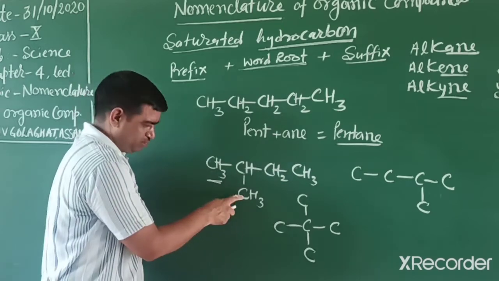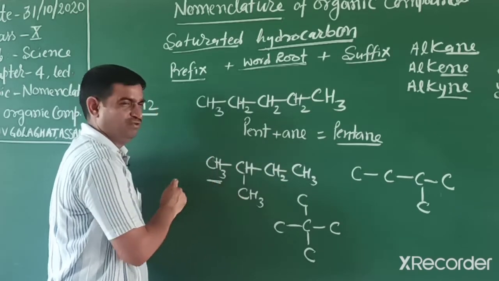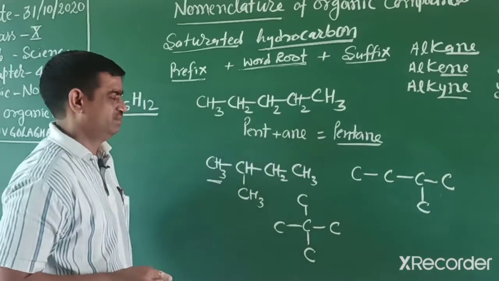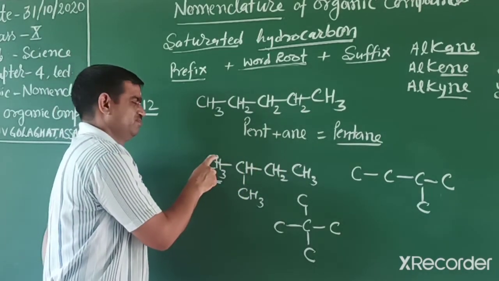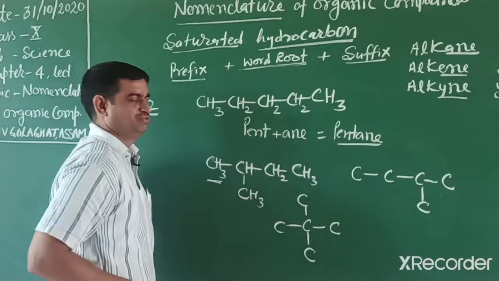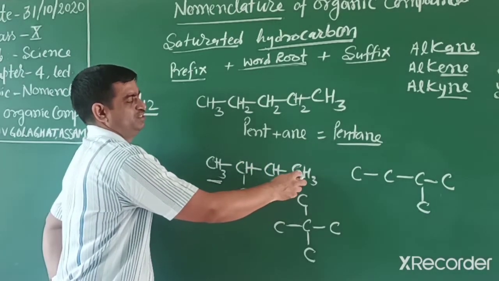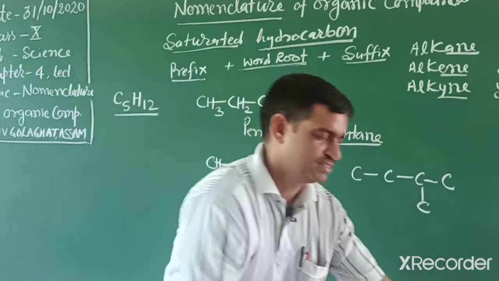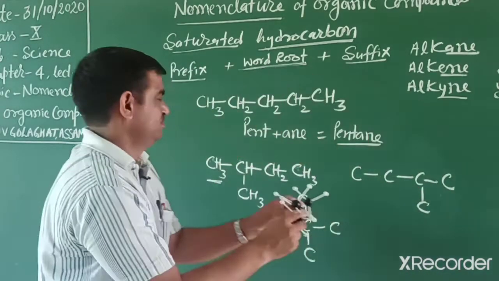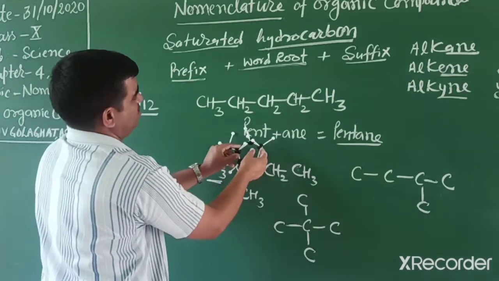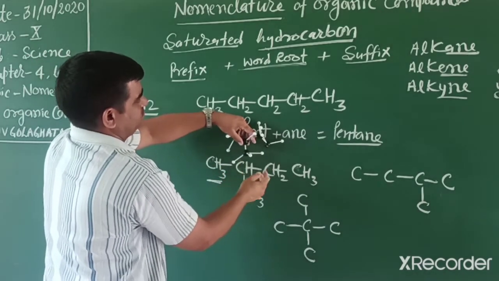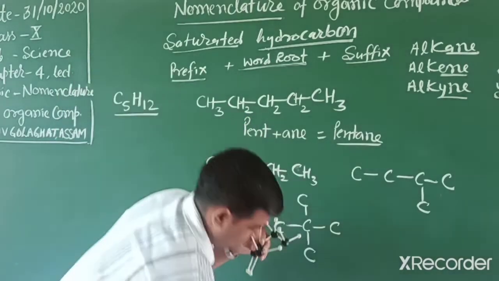If you start from this point, 1, 2, 3, only 3 carbon. 1, 2, 3, 4, then 4 carbon. You can start this side, 1, 2, 3, 4 also. But if you start from this side, 1, 2, 3, 4, then it is a different name. You can see this compound in 3 dimensions because it is represented like this.